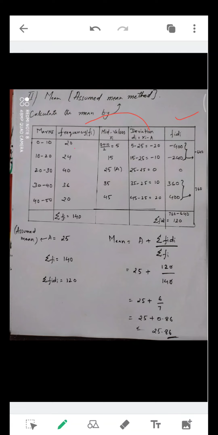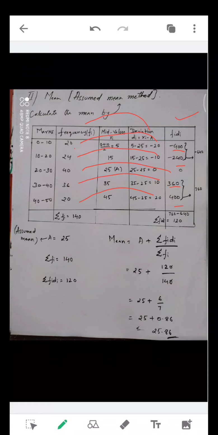So 20 multiplied with minus 20 gives you minus 400. 24 multiplied with minus 10 gives you minus 240. 40 multiplied with 0 gives you 0. 36 times 10 is 360. 20 times is plus 400. So this way we will multiply fi and di.